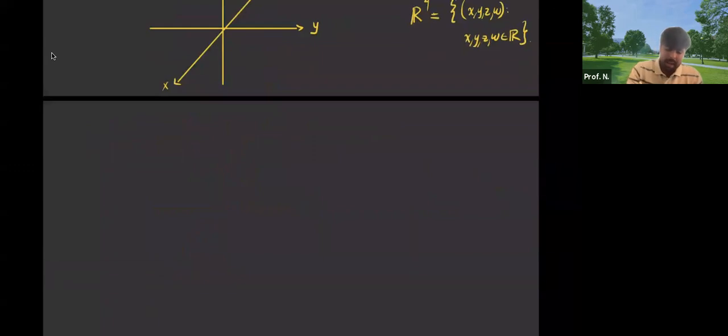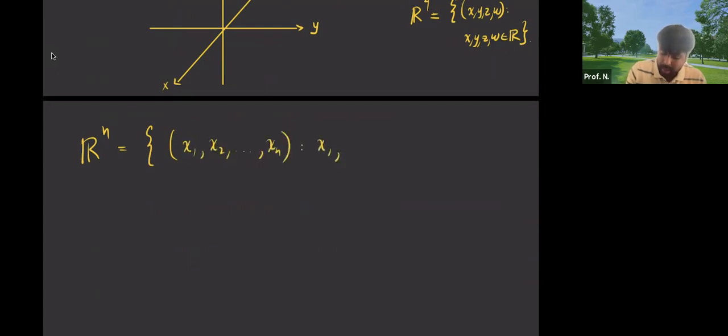And so then when we hit R to the N, our N space, what is it going to be? It's going to be the set of all, I'm going to call this X sub 1, X sub 2, all the way to X sub N, such that X sub 1, X sub 2, and X sub N are all in the reals.